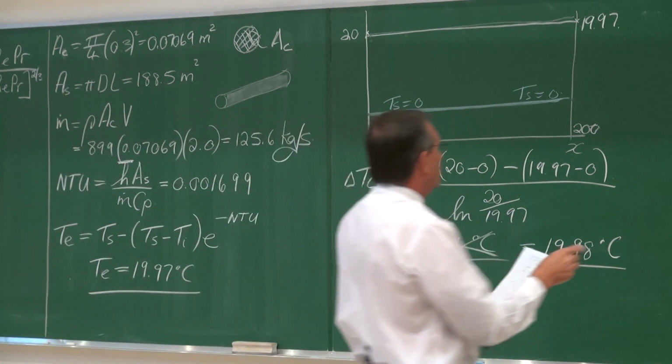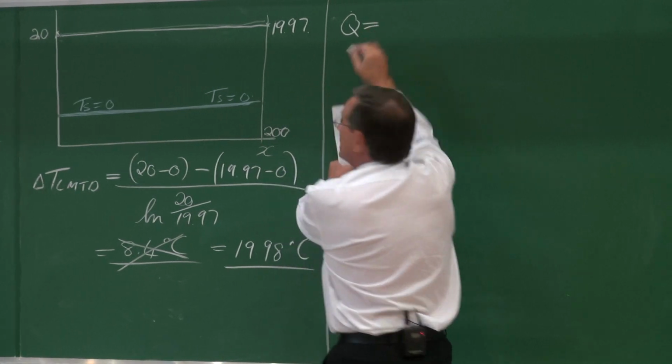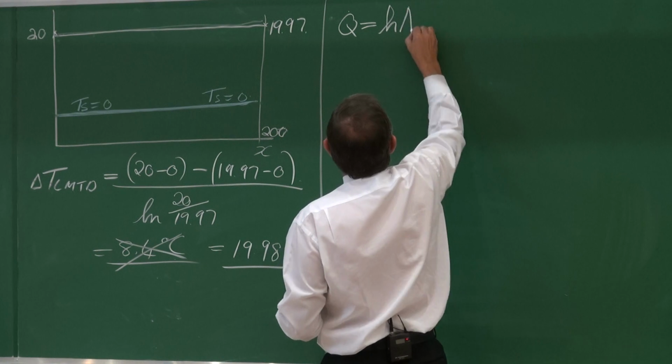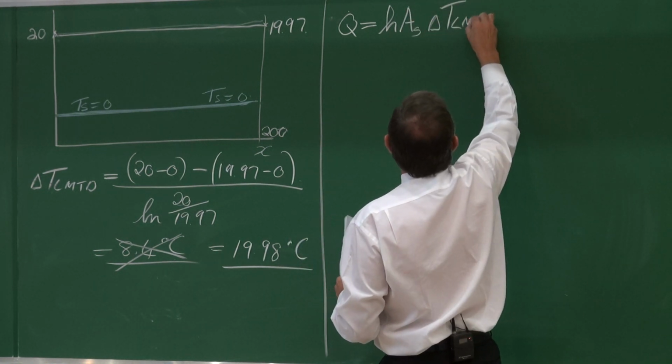Okay, now we can calculate the heat transfer rate. The heat transfer rate is equal to the heat transfer coefficient multiplied by the surface area multiplied by the LMTD.